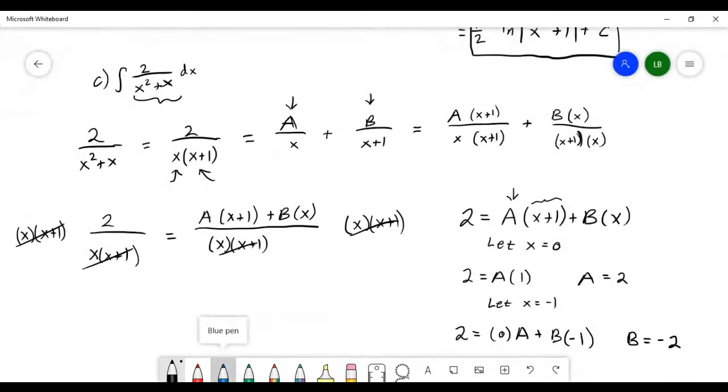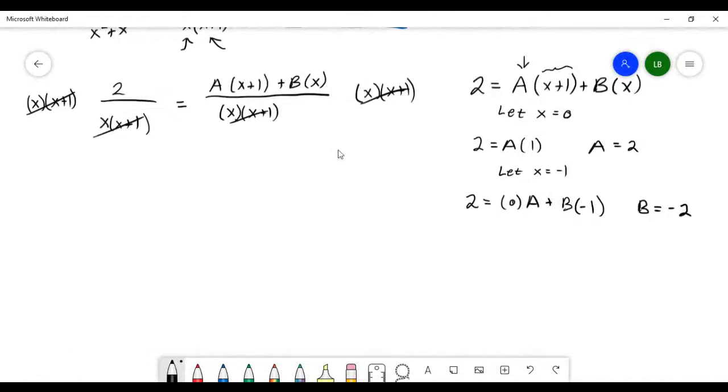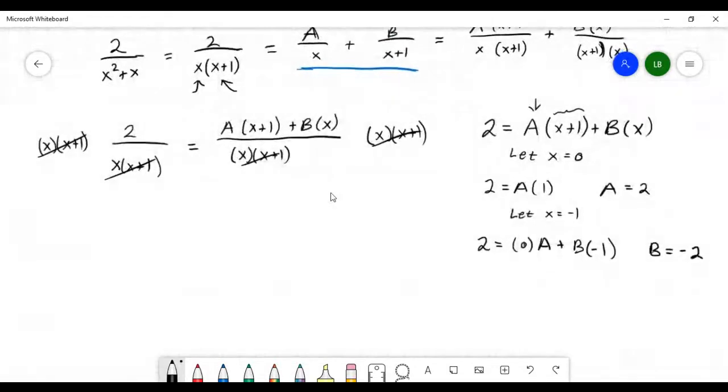Now, we've actually got our whole format all set up, and we found our A and B values. So we've got A and B, and we know their denominators.